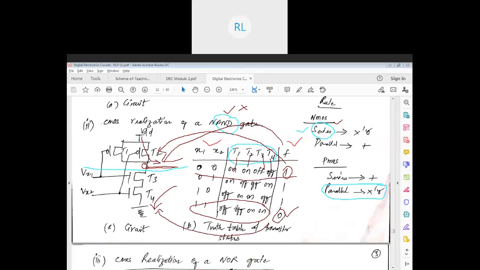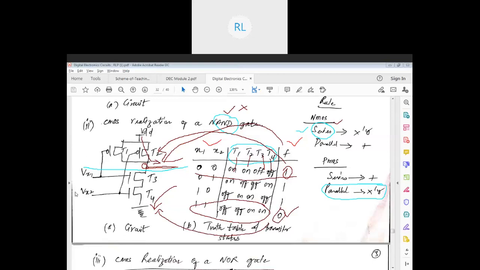So T3 and T4 are on, T1 and T2 are off. What value am I getting? I am getting 0. Isn't it the same thing we spoke about, drawing the value down to ground? This is how you have to analyze your truth table, and this is how you will know if your circuit is correct or not.